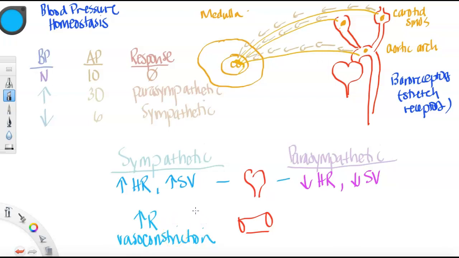And that will increase pressure. Parasympathetically, that means pressure is too high. So what do we do? Decrease resistance. So vasodilation.